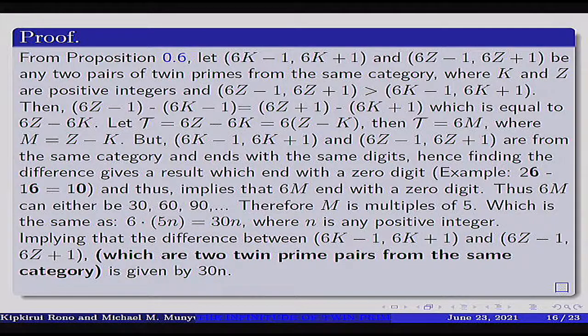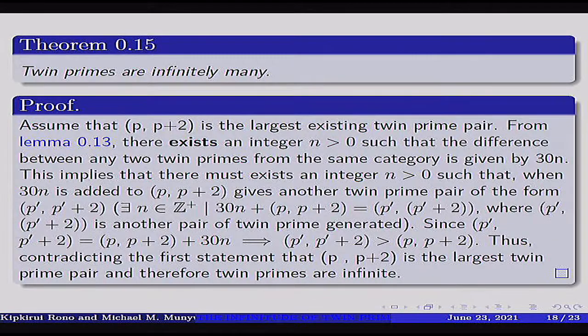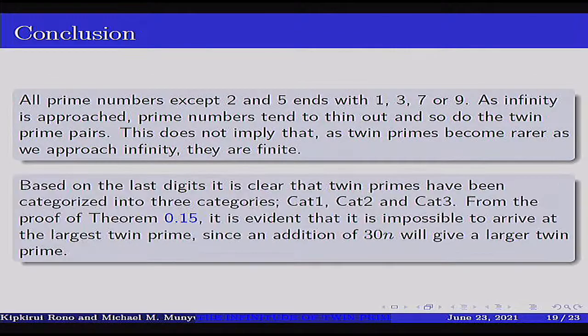They end with the same digit. So if you find the difference of 6z minus 1 and 6k minus 1, you are getting, if we use an example, the table.